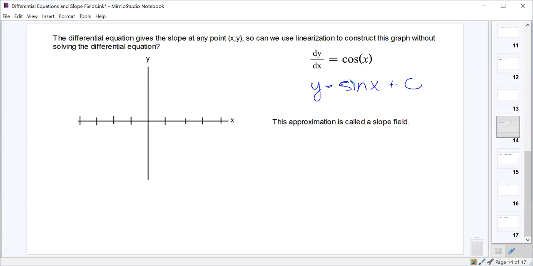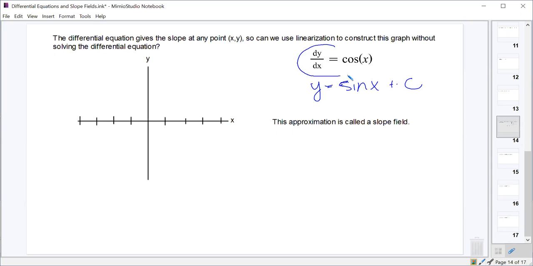And you remember back when we did linearization a long time ago, this idea was that on a very, very small interval, the tangent line is a very accurate representation of the actual function. So that's what we're going to do.